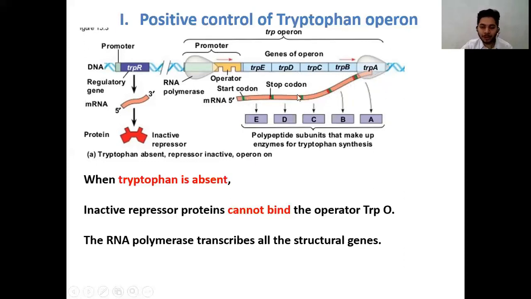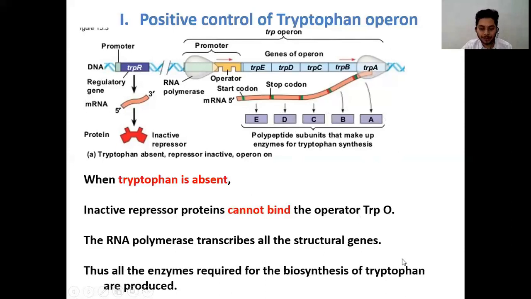Further, this polycistronic mRNA gets translated, and individually it produces all my 5 enzymes: enzyme E, D, C, B and A. All these 5 enzymes are produced, and together they contribute to tryptophan biosynthesis, and ultimately tryptophan will be produced. So all the enzymes required for the synthesis of tryptophan will be produced when the tryptophan operon is switched on.